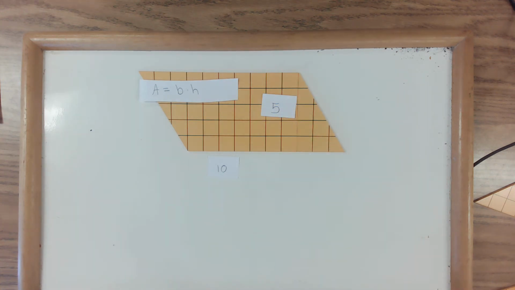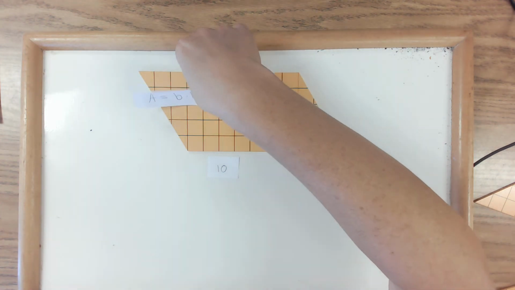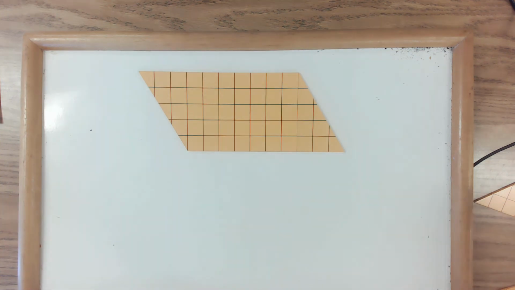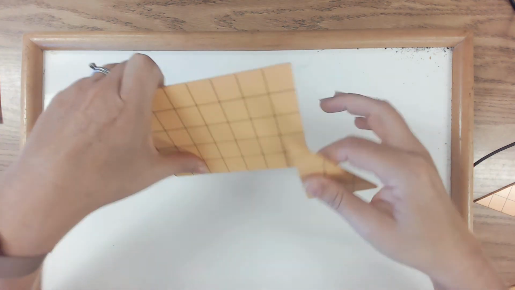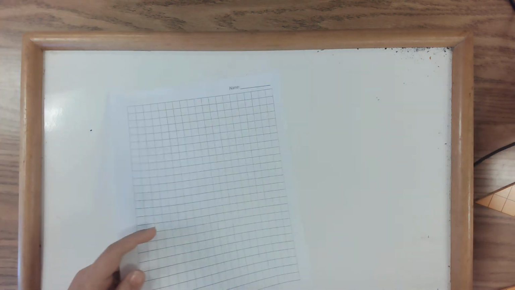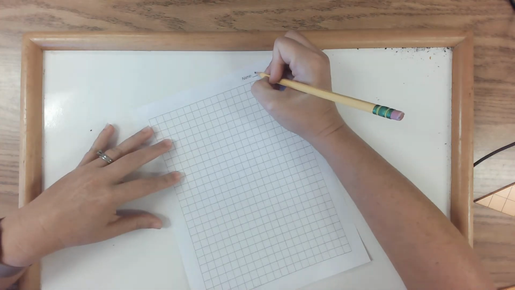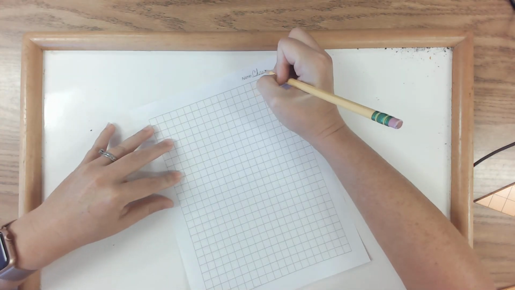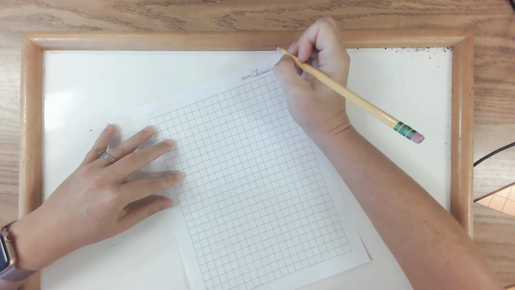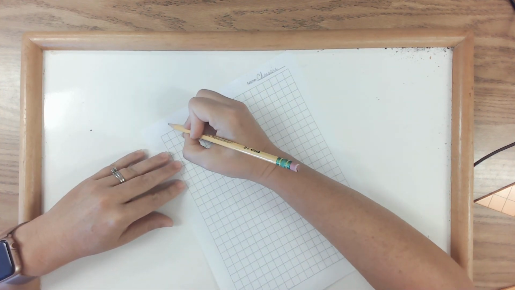And just like with area of a rectangle, your work will now be to draw your own. There are a few tricks to drawing your own parallelogram that I would like to show you. So you get out your piece of paper, and just like all of our work, you need to put your name on the top and give it a title.